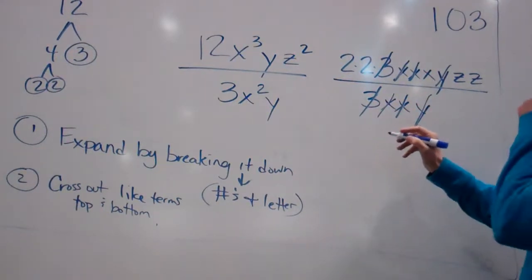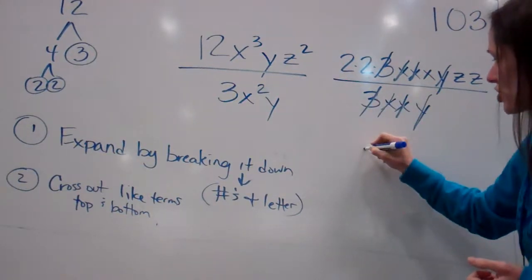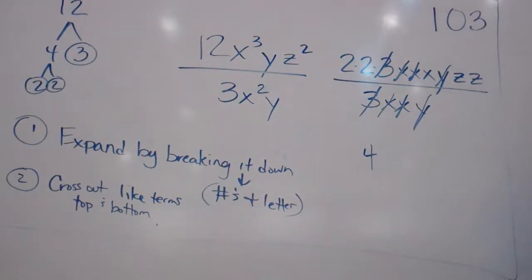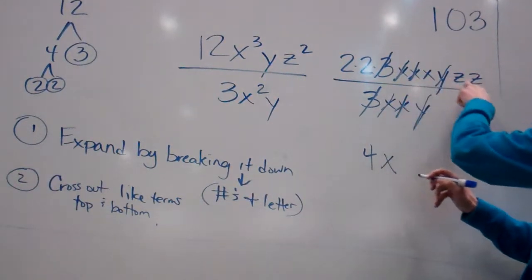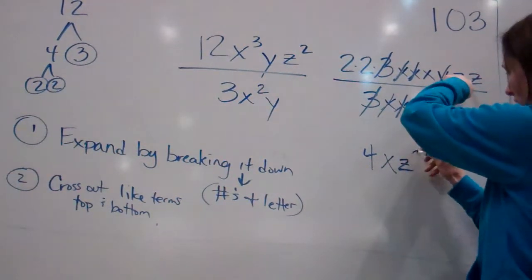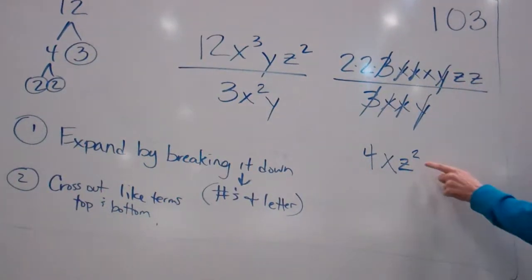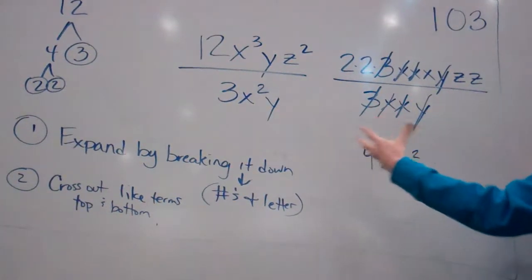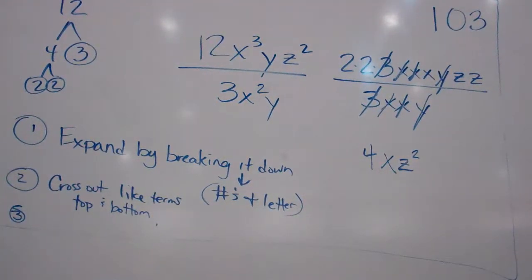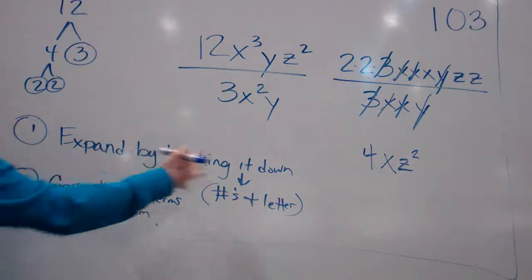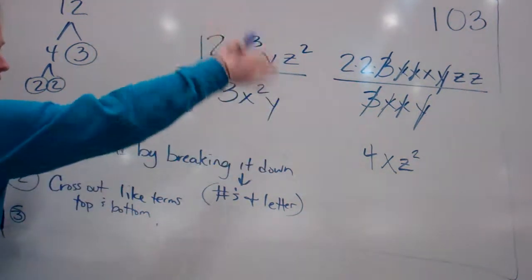Okay? So I would be left with 2 times 2, which you can go in and say is 4 now. I still have an x left, and then 2 z's. So I'm going to leave my z and then make it squared. After you're done crossing out the like terms, I would then bring everything back together.